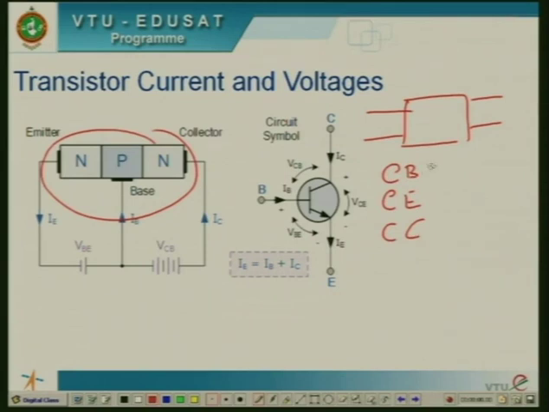In the common base configuration, the input is applied between the base and emitter, and the output is taken across the collector and base. The input current is IE, the input voltage is VEB, because you measure the emitter voltage with respect to the base, the output current is IC, and the output voltage is VCB.